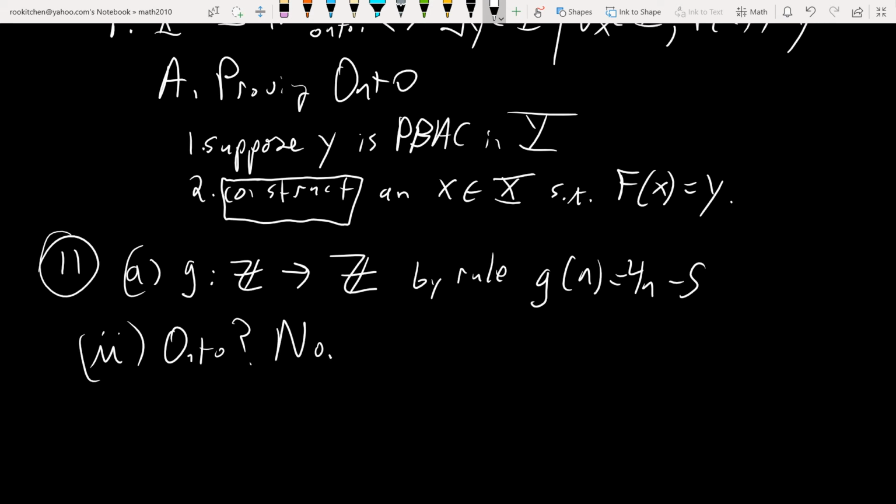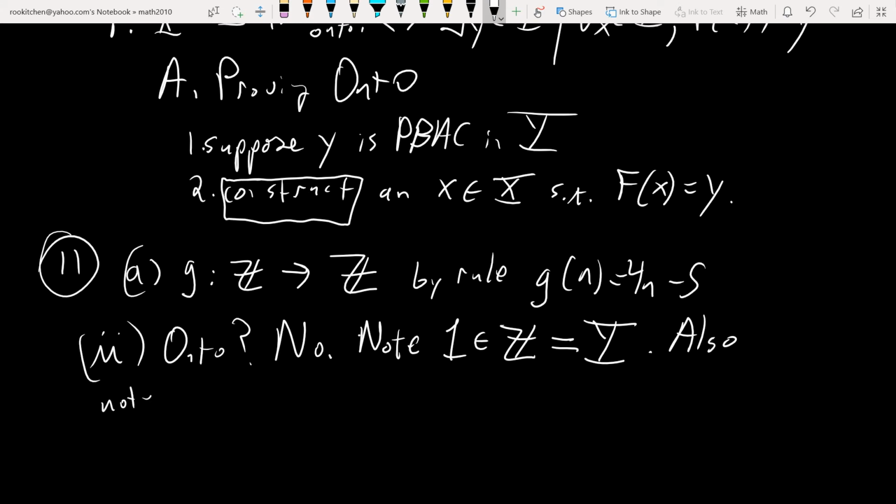Okay, so notice 1 is an element in the integers, which in this case equals our codomain, which we've been calling Y. Then also note, finding that value of n that would give us 1 in that codomain, we sort of have to solve for it.